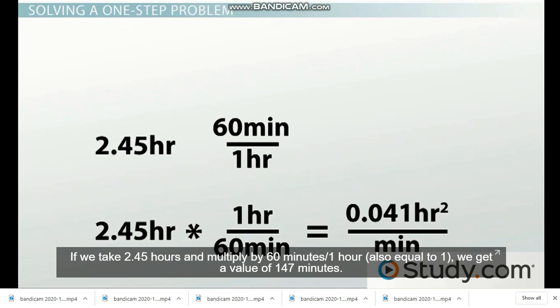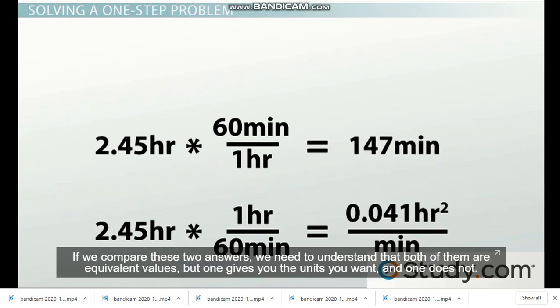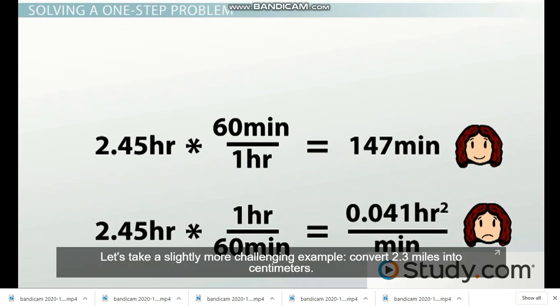If we take 2.45 hours and multiply by 60 minutes over 1 hour, also equal to 1, we get a value of 147 minutes. If we compare these two answers, we need to understand that both of them are equivalent values, but one gives you the units you want, and one does not. Let's take a slightly more challenging example.